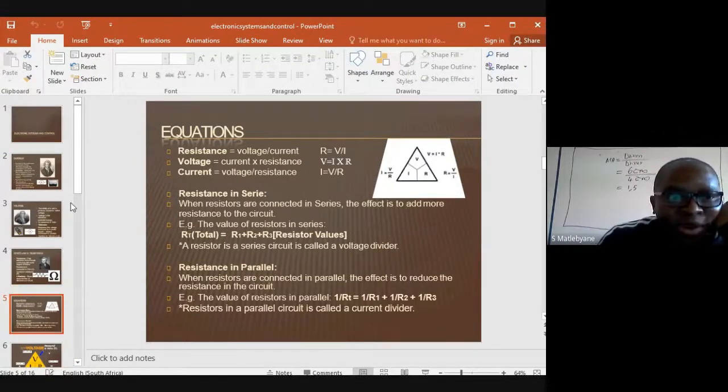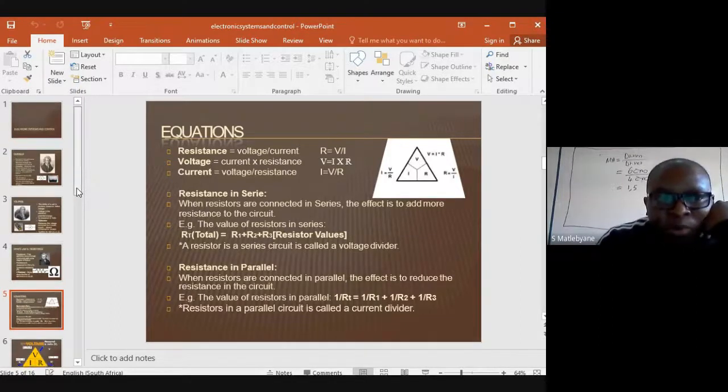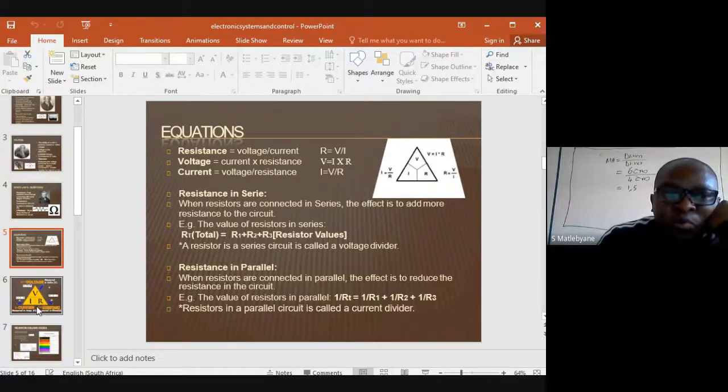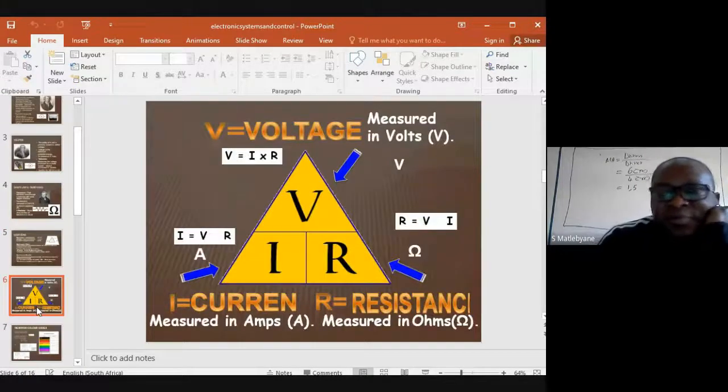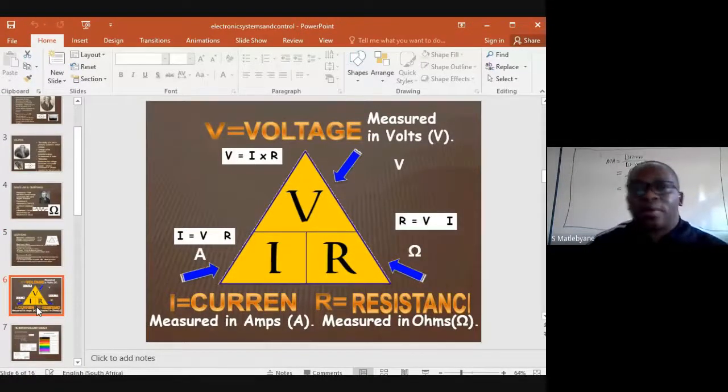Now, let's go to the last slide before I use the board to do the calculation. This is just the triangle VIR. You also do it in NS. The triangle is just to remind you that we have voltage, which is V, current, which is I, and resistance, which is R. If you forget the formula for whatever reason, quickly remember the triangle.